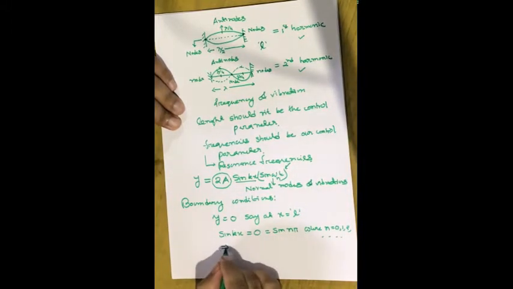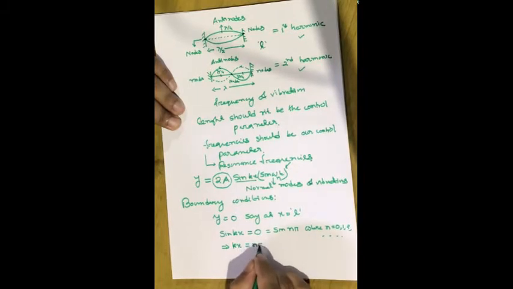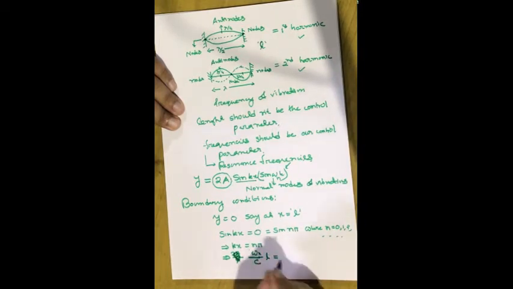So we can write kx is equal to n pi, and k we can write as twice pi divided by lambda. Or, since we are interested in frequency, we can write k as omega n divided by c. Then kL, where L is the length of the string, is equal to n pi. Therefore omega n is equal to n pi c over L. So these are our normal modes of vibration.